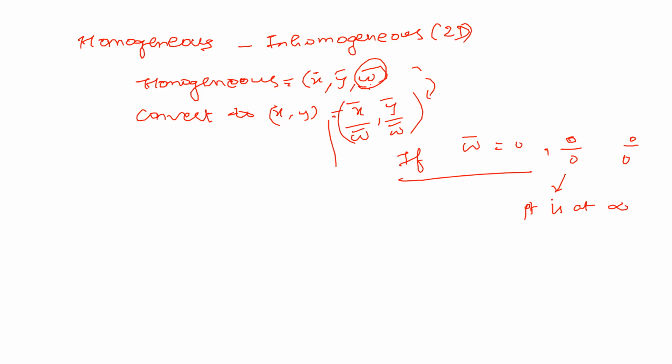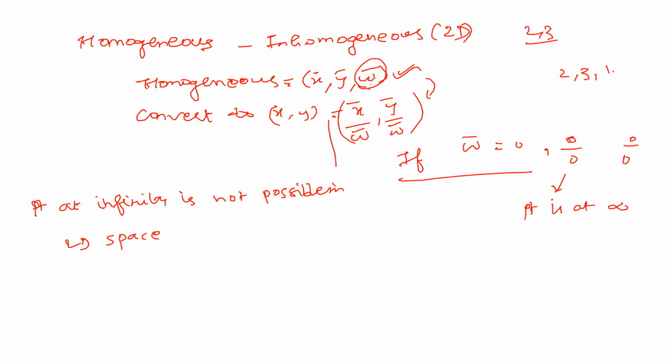If the third parameter is 0, then in projective space we can represent the point at infinity, but in real space, if we write the point on paper, we can't represent it. So a point at infinity is not possible in 2D space. All the remaining points can be converted. If you write (2, 3), it can be converted to (2, 3, 1).